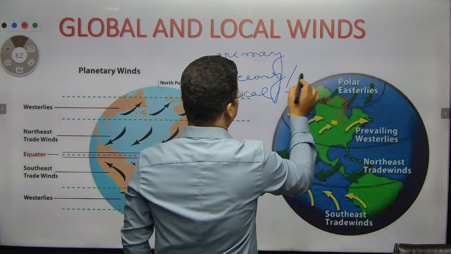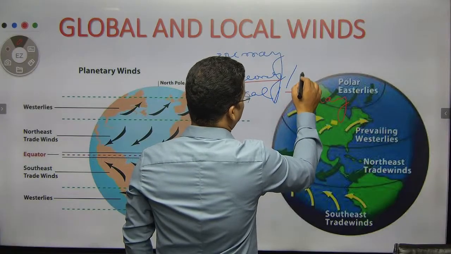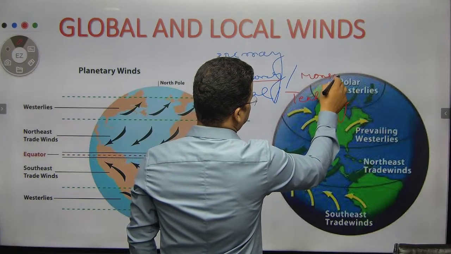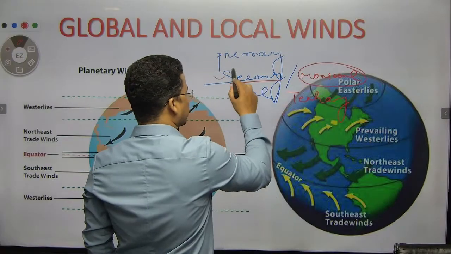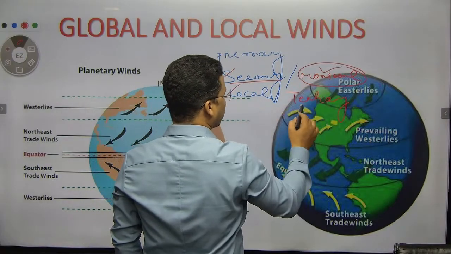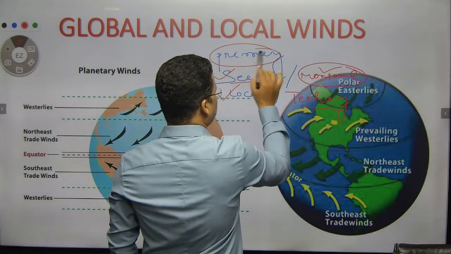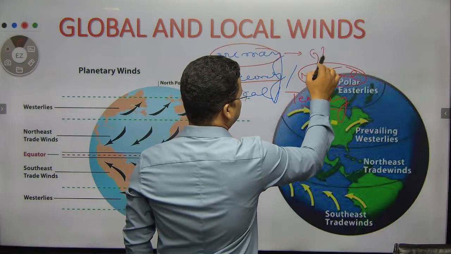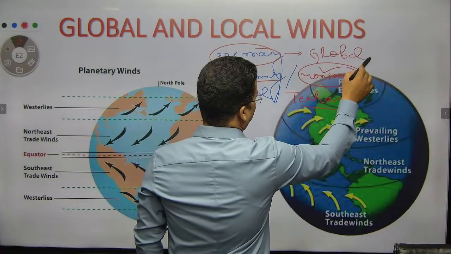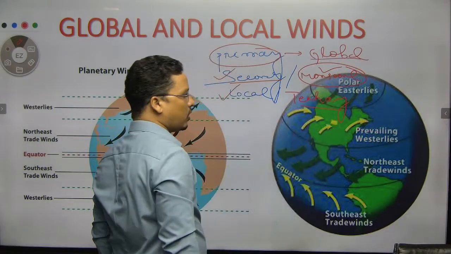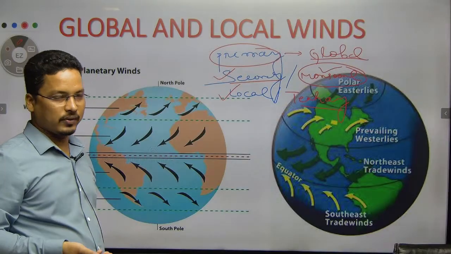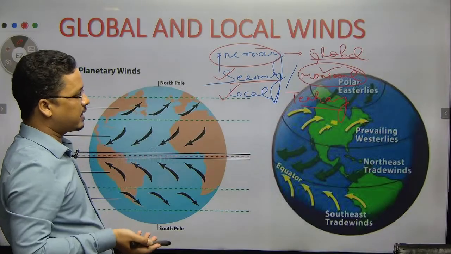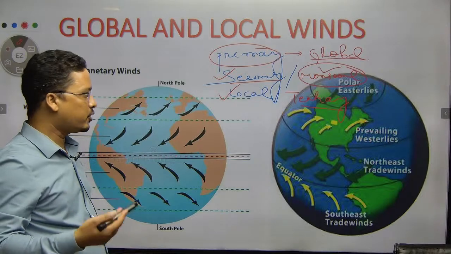You may also say monsoonal, the seasonal, monsoonal, local, tertiary wind. This is primary or global wind, right? Primary wind or global wind, secondary wind or monsoonal wind, you may say.